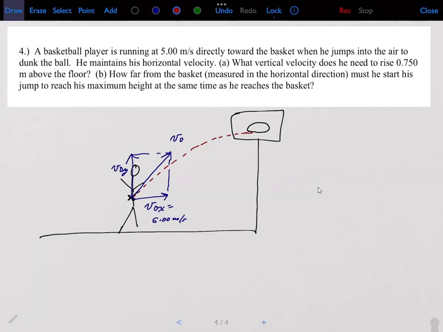We also know this, right? From where his center of mass starts, where he leaves the ground with that velocity, to the basket, that's delta y, which we know in this case is 0.75.